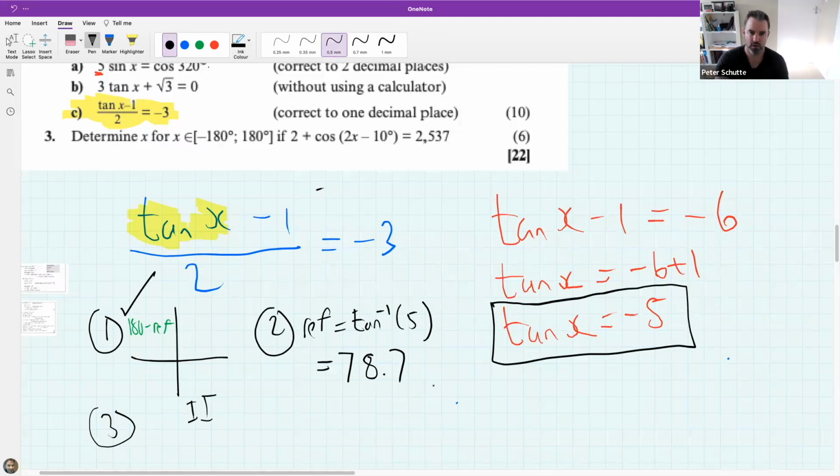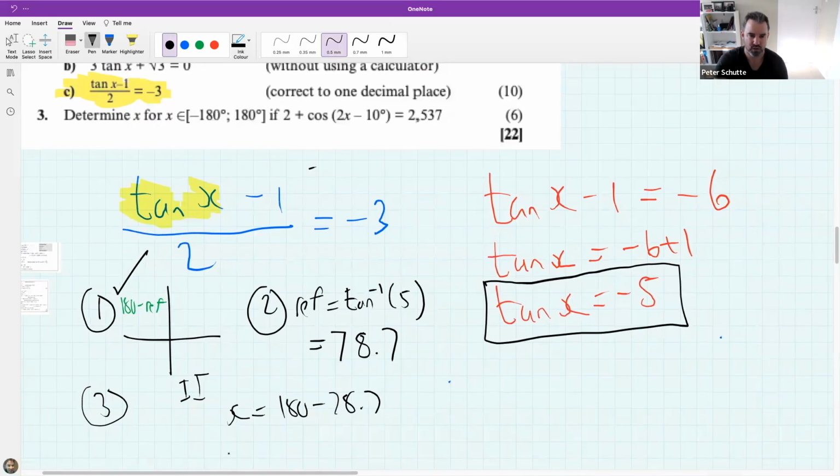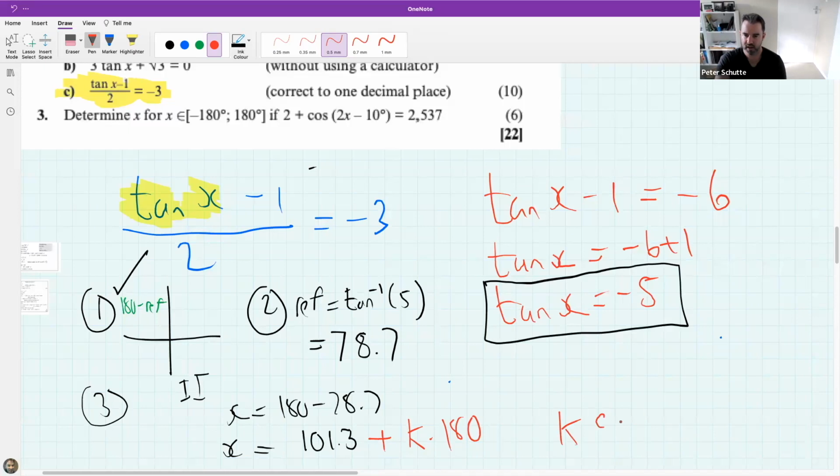So I'm going to go that x is equal to 180 minus 78.7, which is going to be 101.3, but I need it to be a general solution. So what am I going to add on to this? It's a general solution. And because the period of the graph is no longer 360, but 180, I should have a k times 180, where the k is an element of the integers.